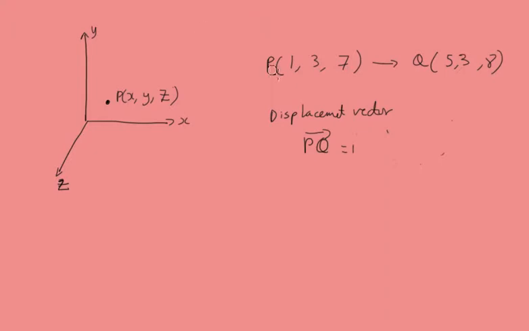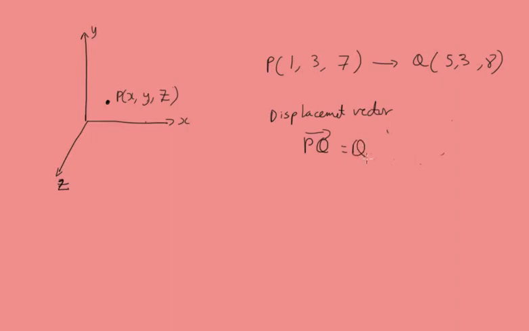It's hard to draw them in a 3-dimensional space. So we've got 1, 3 and 7 would be way over here, and then you're moving to Q, which would be 5, 3 and 8 way over here somewhere, and so you've gone from P to Q.